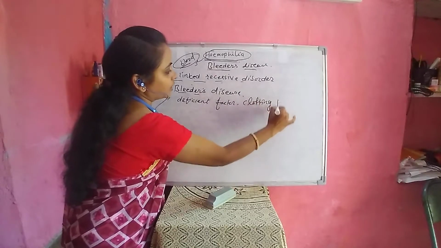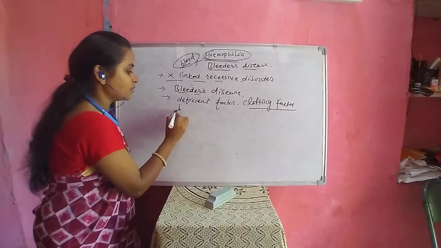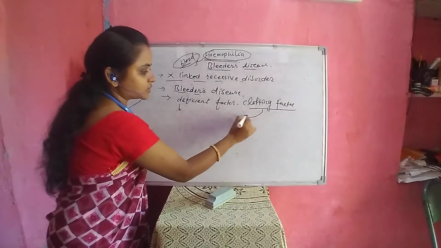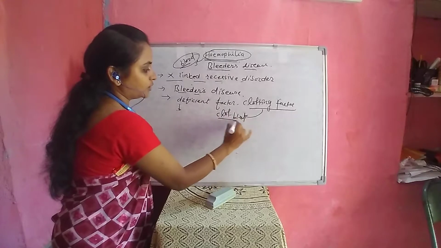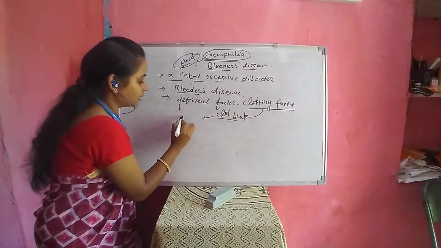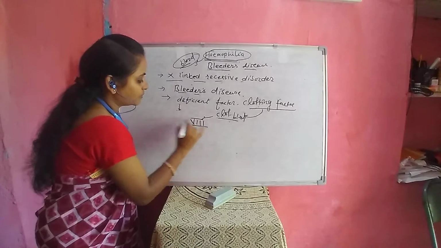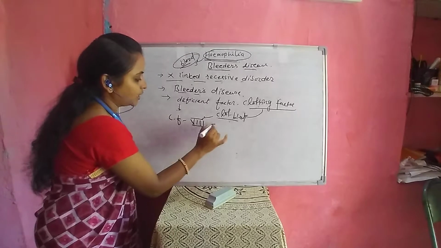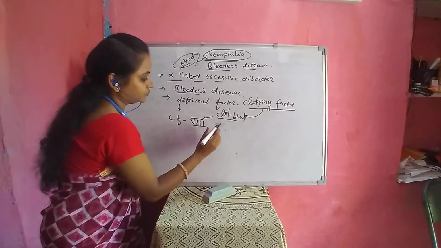Which factor? The clotting factor, which is responsible for clotting the blood. The factors are clotting factor number 8 and 9.